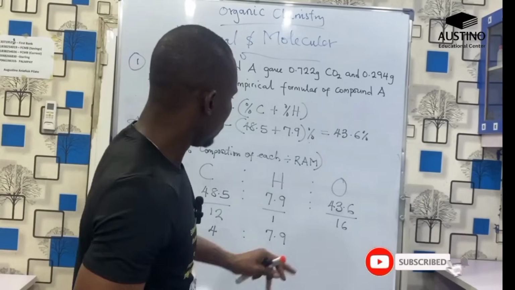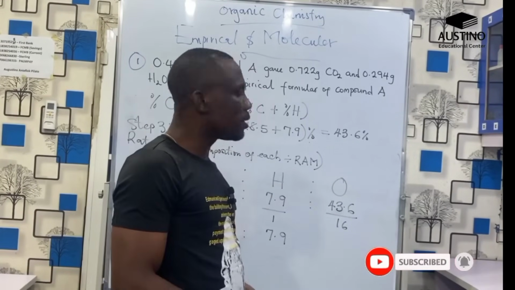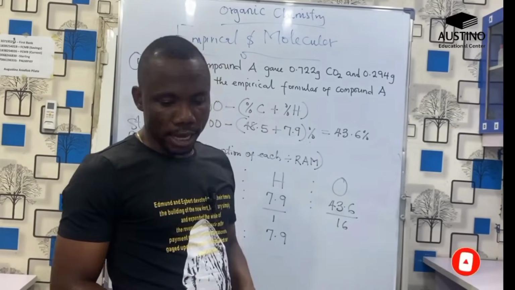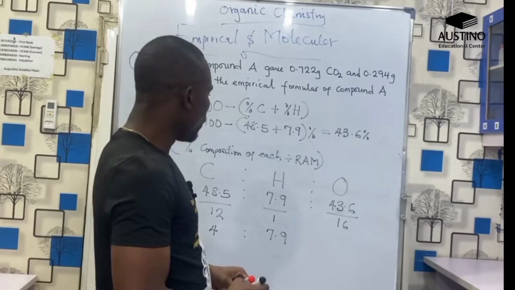And then 43.6 divided by 16 will give us 2.7.